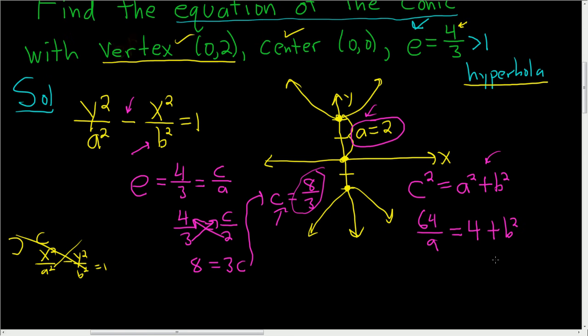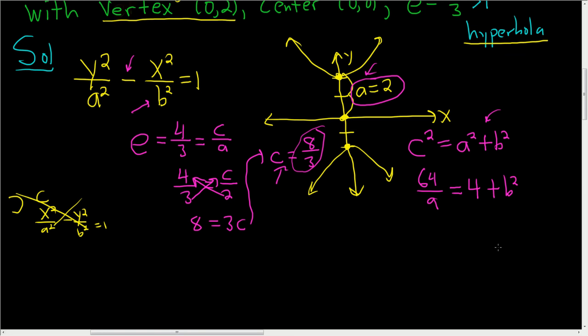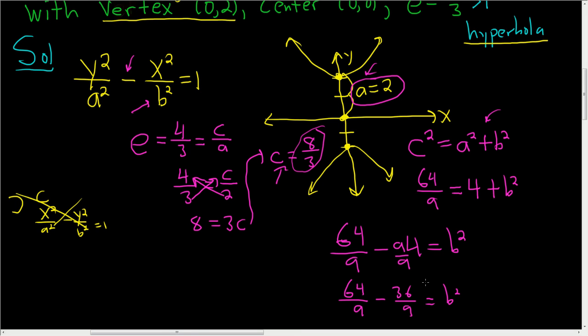All we have to do is carefully solve for b squared. Subtracting 4, we have 64 over 9 minus 4 equals b squared. To subtract these numbers, we need a common denominator. An easy way to do this is to multiply the 4 by 9 over 9. So we end up with 64 over 9 minus 36 over 9, and that's equal to b squared.